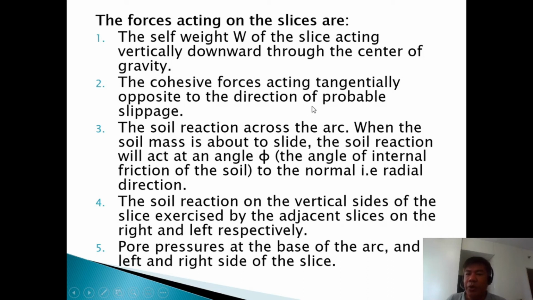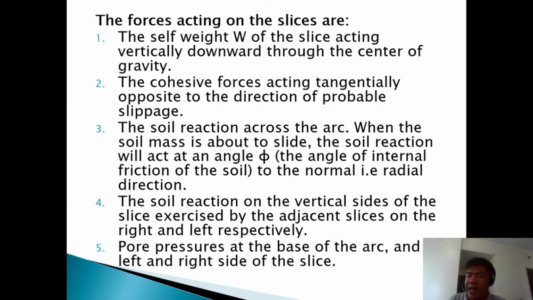Then the cohesive forces act tangentially, opposite to the direction of probable slippage. The cohesive forces are those forces that are an effect of the neighboring slice, because you have the value of the cohesion. That's why we have to select a material that is cohesive.